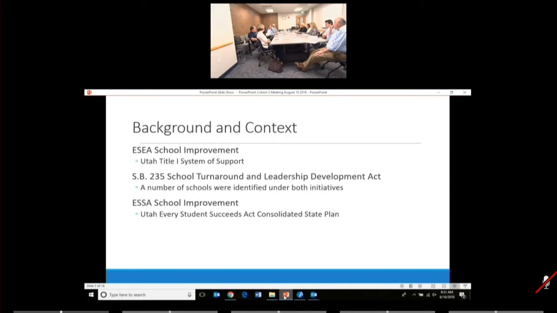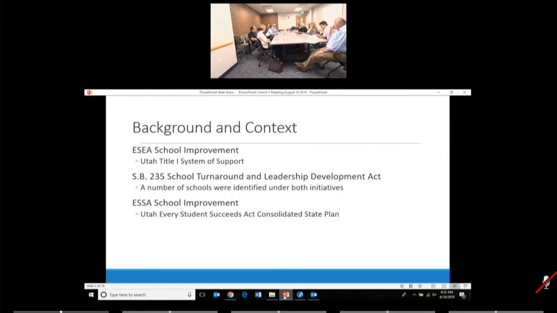There's another element to that that we won't get into, but just so you know the work that went into that consolidated plan, that was approved, that was amended in 2015. Utah's consolidated plan was approved just at the end of July of 2018. And there's a reason for that.